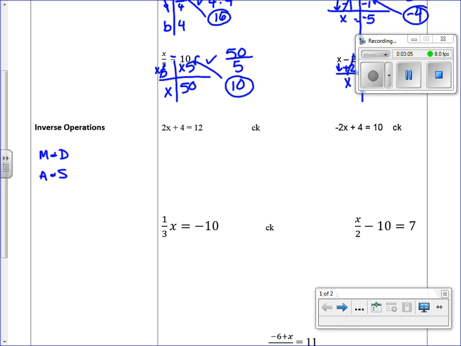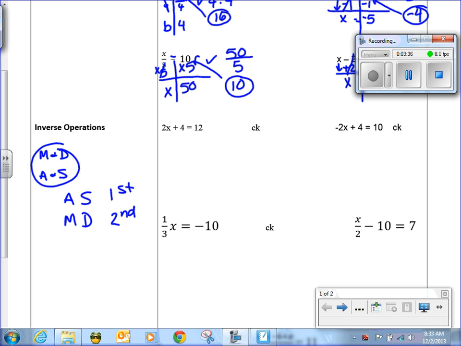But with two-step equations, we take care of addition and subtraction before multiplication and division. So it's Aunt Sally, my dear, in this case. Addition and subtraction we take care of first, multiplication and division second.